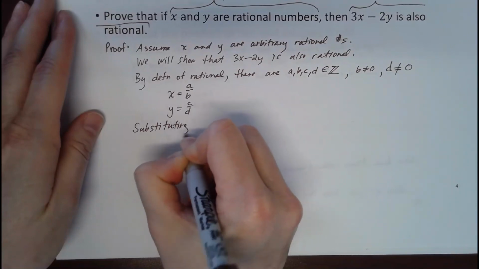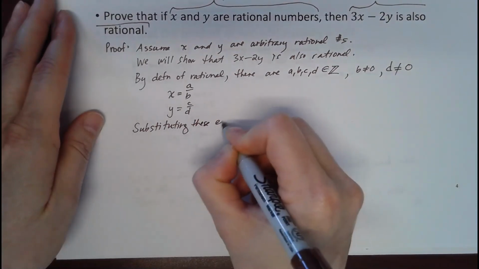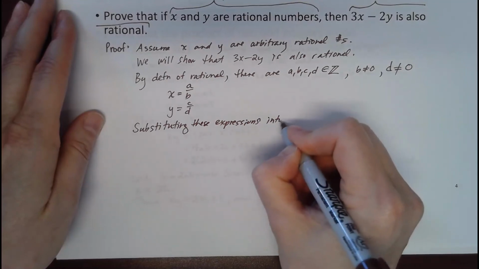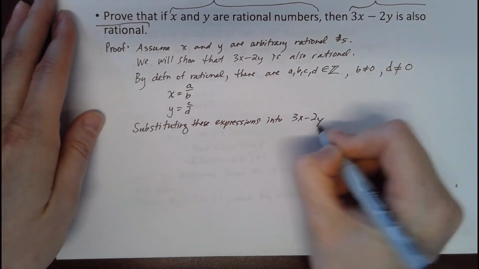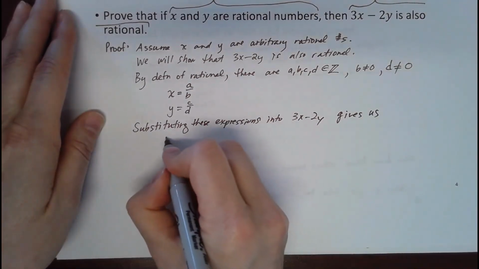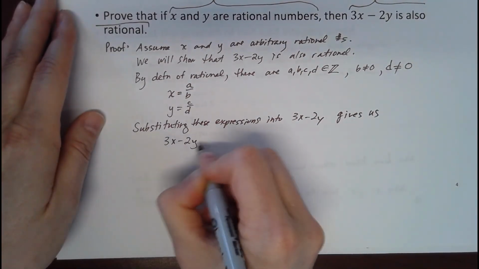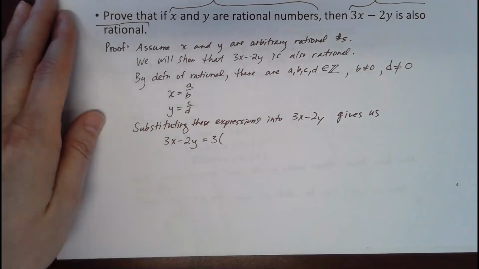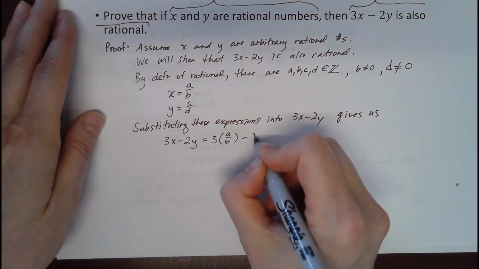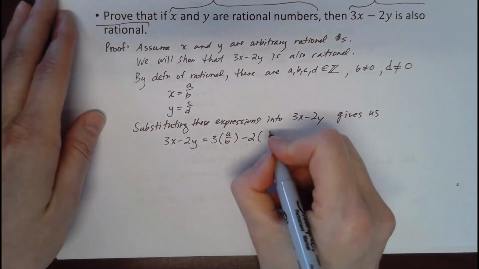Substituting these expressions into 3x minus 2y gives us that 3x minus 2y equals 3 times a over b, minus 2 times c over d.